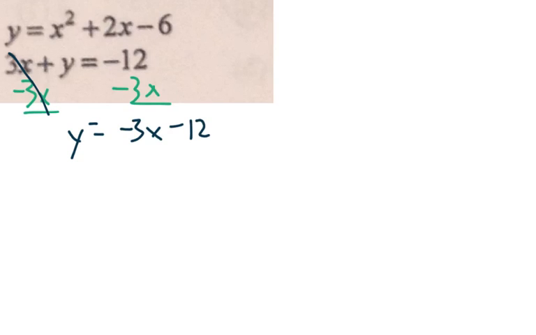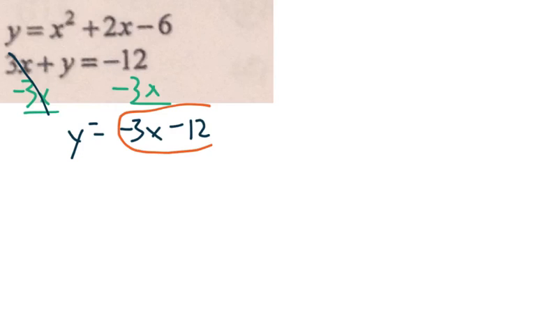Being very straightforward, we basically are going to use the substitution method. If I just minus 3x, for example, from both sides of my linear equation here, notice I will get y equals negative 3x minus 12.